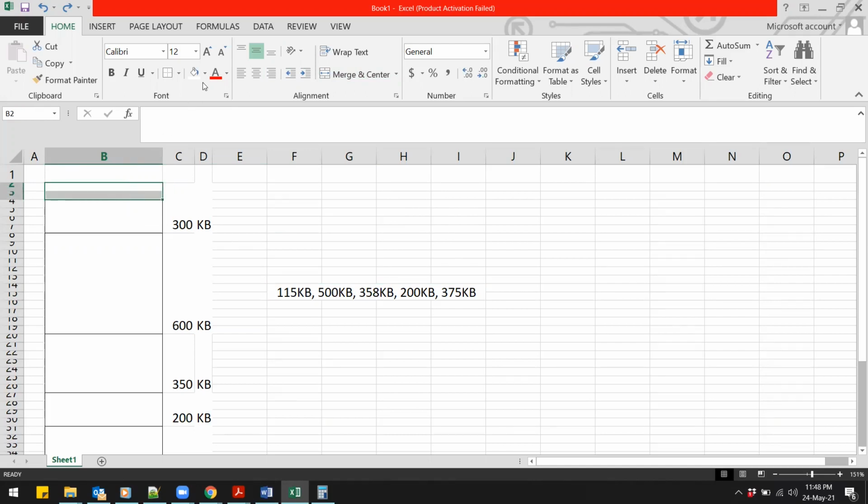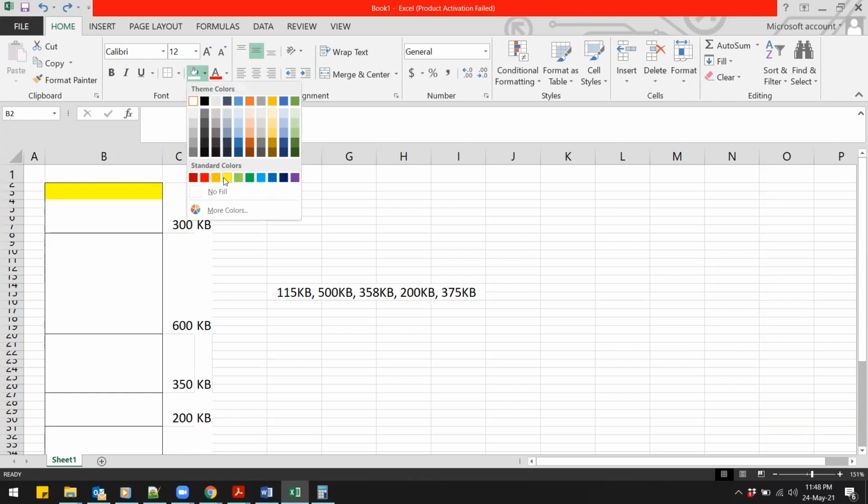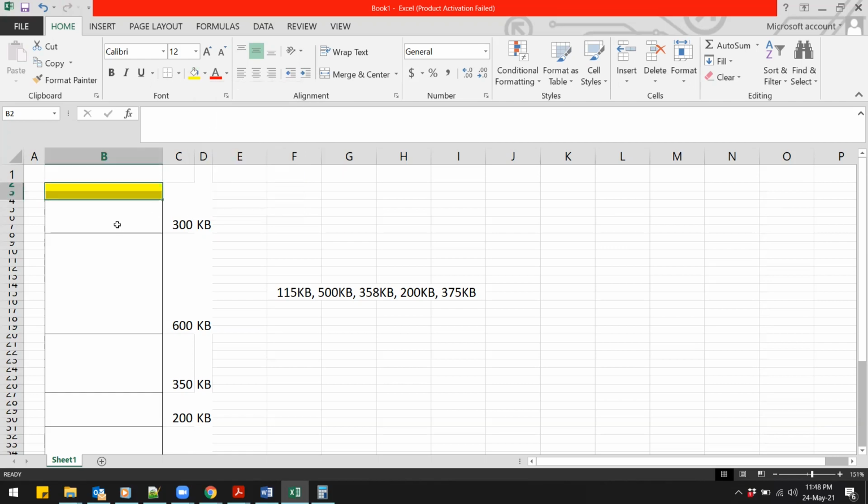Let's say I'll color this yellow, just to visualize that there is a process in there. This entire segment was 300 KB, and now 115 KB is occupied by this process. So from this 300, we are left with 185 KB. So this part is 185 KB.